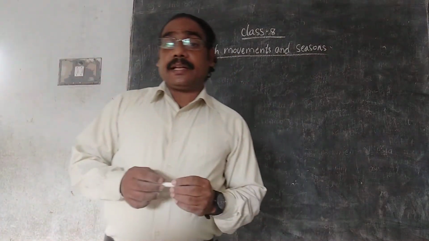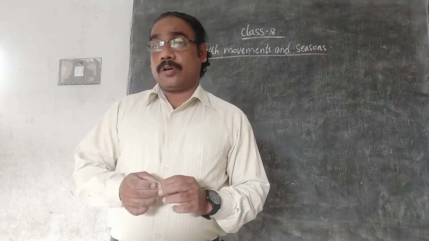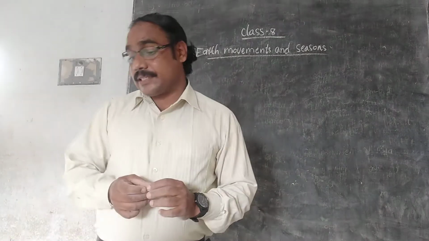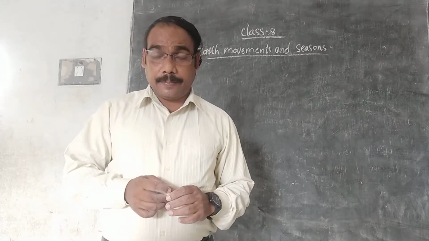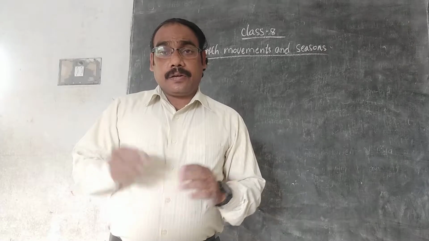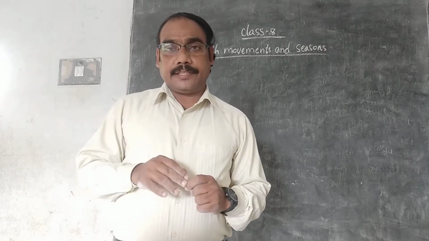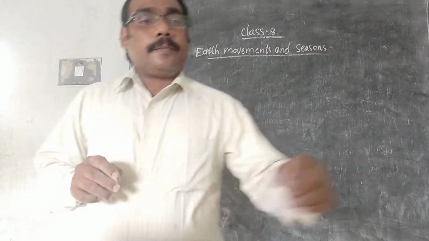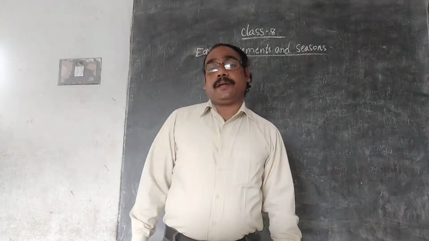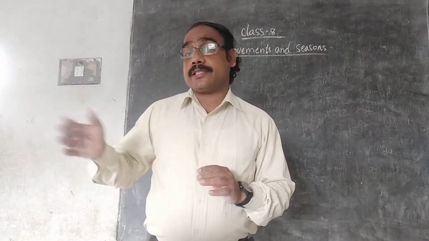Paddy is cultivated in Kharif season, that is mainly October to November. Rabi season is in winter season, March to April. So according to the season, the crops also will change, because the climate will be different. The temperature will be different and each and every crop may not be able to catch the same temperature.